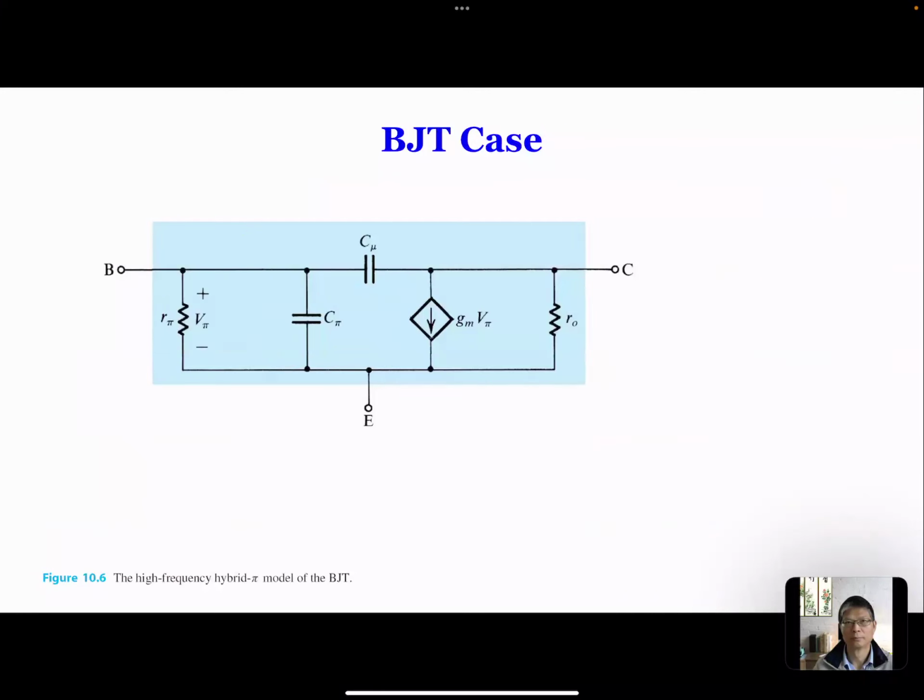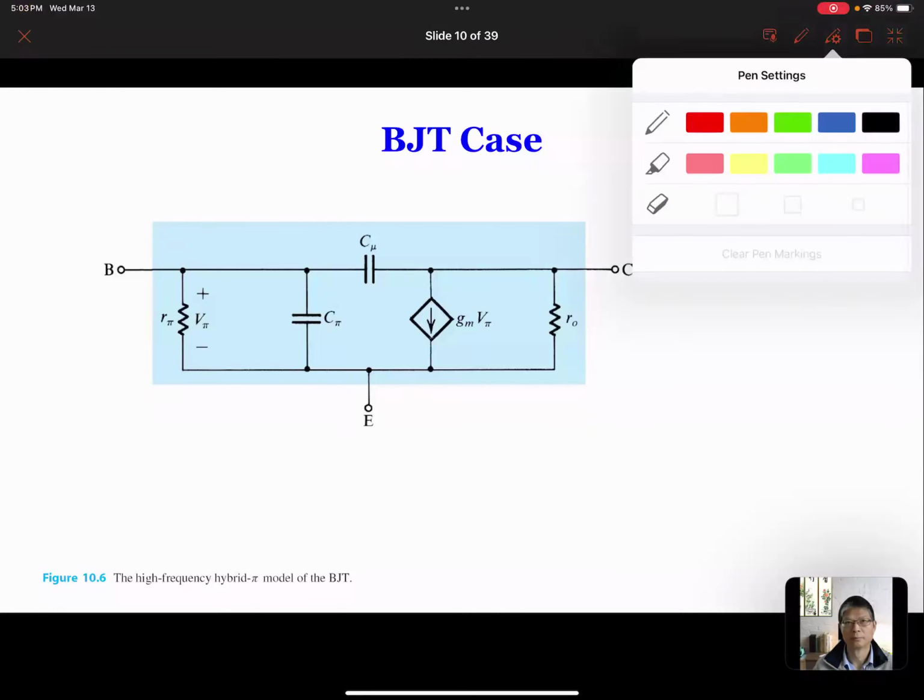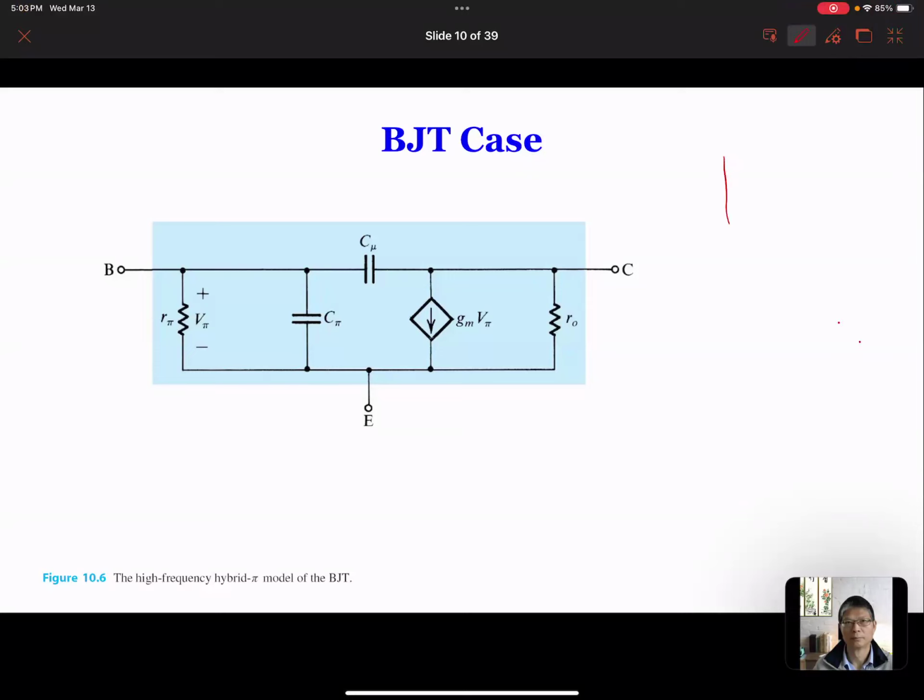So if you go to the BJT, the phenomenon is very similar. In fact, if you look at the symbol of a BJT, it's going to look like this. I can take an N-type BJT, and this is the base, collector, the emitter. Each connection has a metal. So between each metal, there is capacitance.